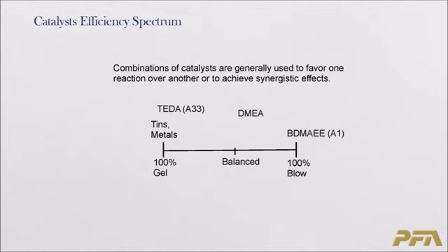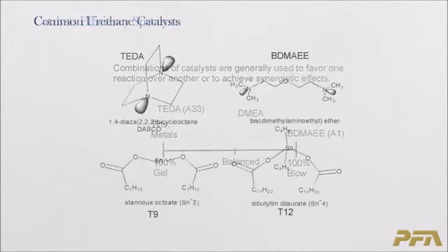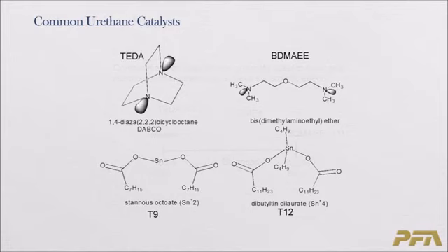In a typical foam formulation, you're going to use a mix of blow catalyst and a mix of gel catalyst, both A33 as well as the tin. So you're often using a mix depending upon the type of foam you're trying to produce. This is just showing chemical structures of the catalysts. As I said, the tin catalyst is really to help with the gel reaction.